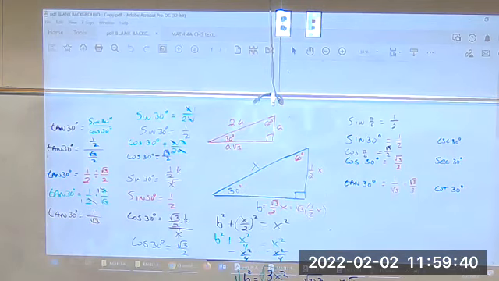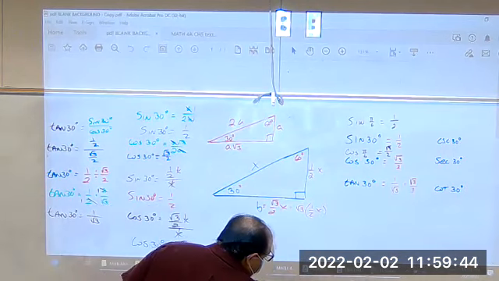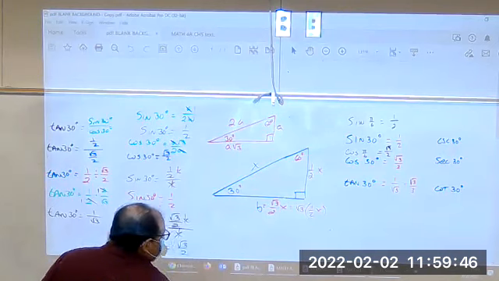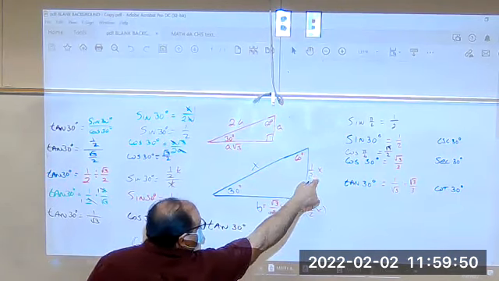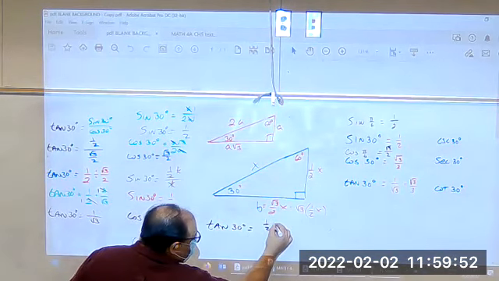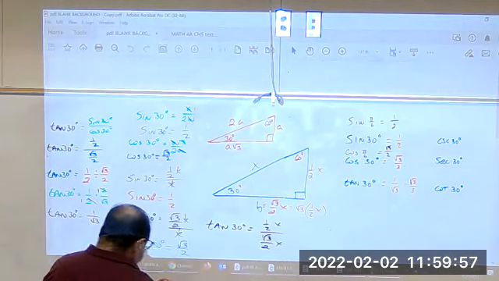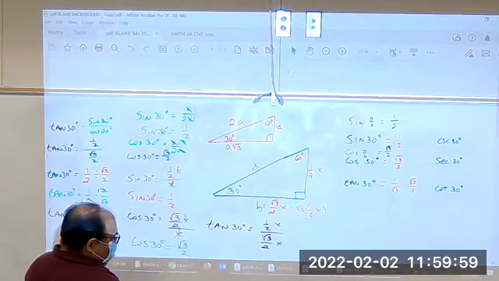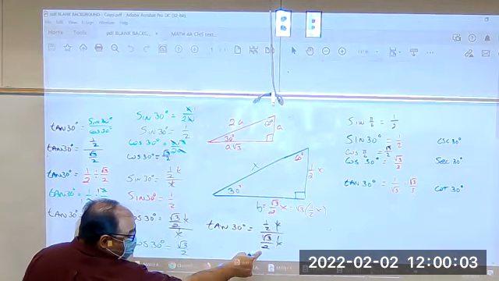Sine over cosine. But you could also do opposite 1/2 x over adjacent square root 3 over 2x. Again, the x is reduced. 1/2 divided by square root 3 over 2.